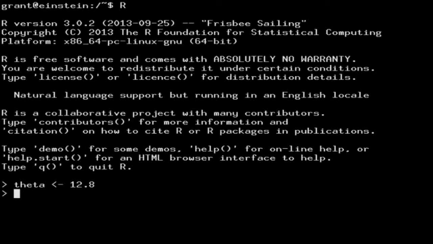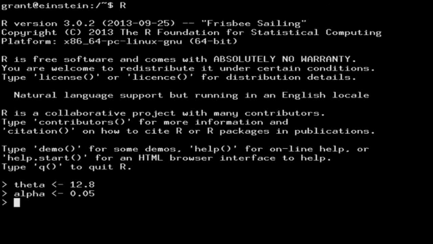Then we need upper bounds and lower bounds. So again, let's pick a value for alpha. We want alpha to be 0.05, so that our confidence is going to be 95%. So 95% is going to be our confidence coefficient.